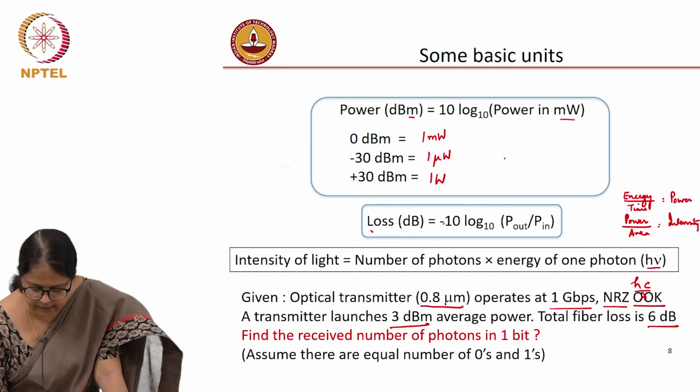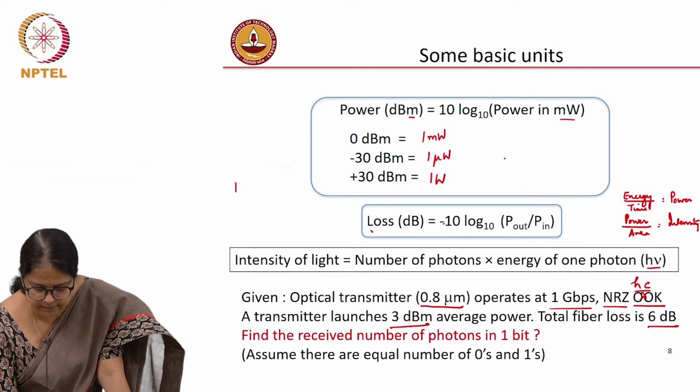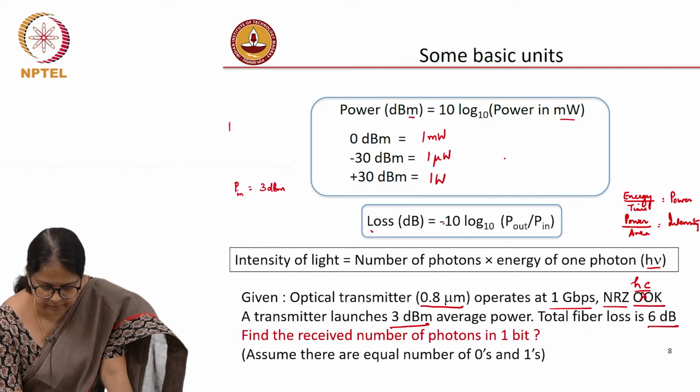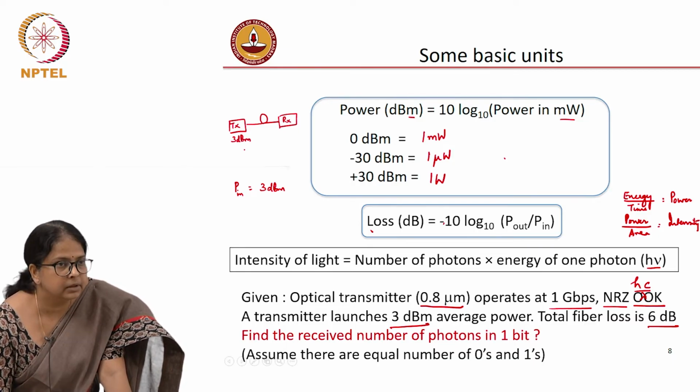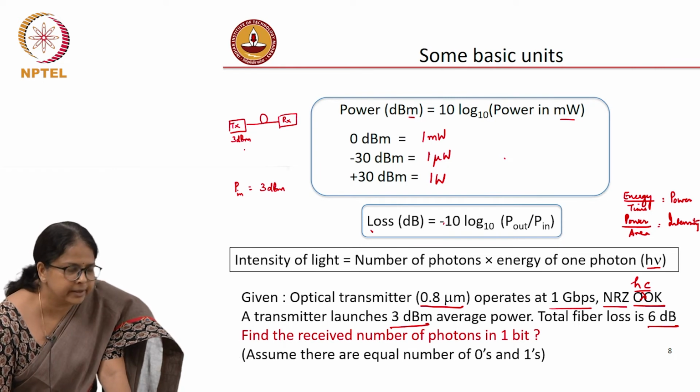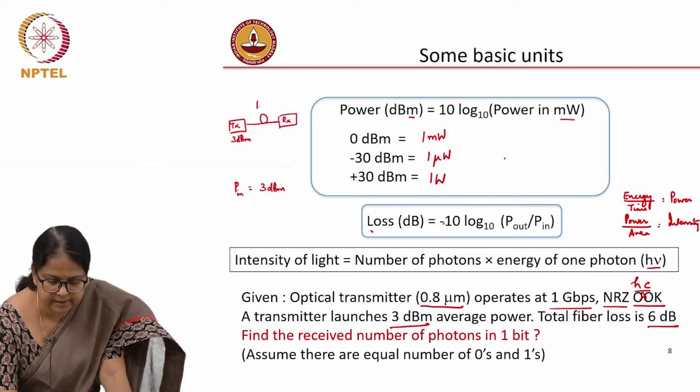So, I know that the launched average power at the input is 3 dBm. At the transmitter, there is a fiber and then there is a receiver. This is 3 dBm. I do not know the length of the fiber here, but I know that the total fiber loss is 6 dB.